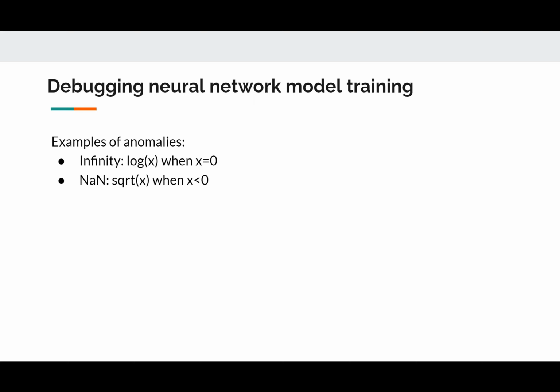Some of the ops could lead to either infinity or NaN or other anomalies. For example, when you do a logarithm operation, if x equals 0, you will get infinity. If you do a square root operation on x, if x is less than 0, you end up with NaN. So those are the potential dangers, okay?